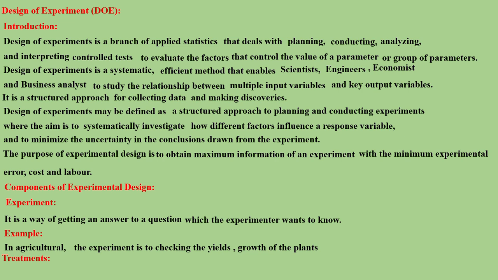If you want to check the output of a paddy field, the yield depends upon the situation there: soil, nature, rainfall, then manures, that is fertilizers, etc. Based on that we want to experiment on the yield; that is the experiment.